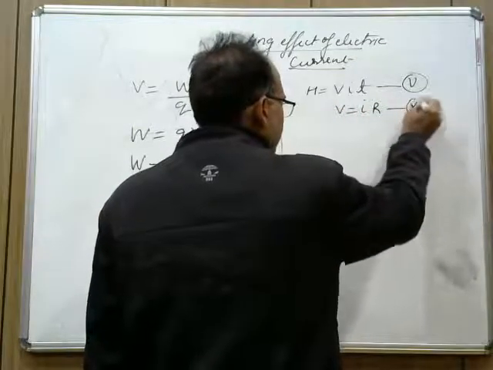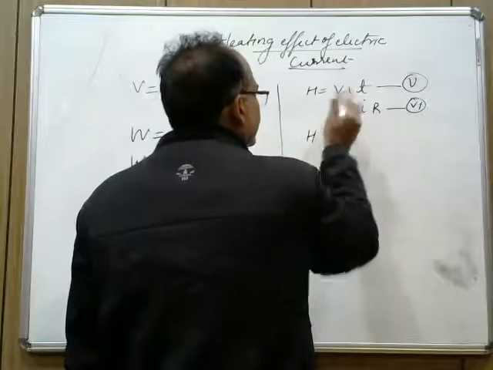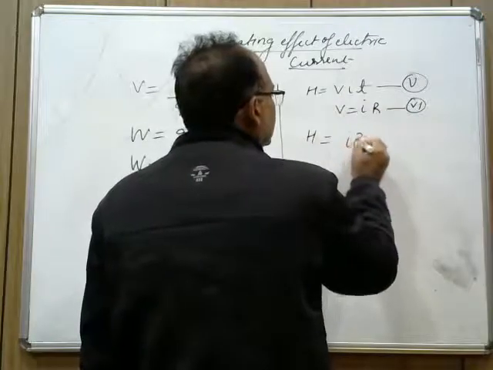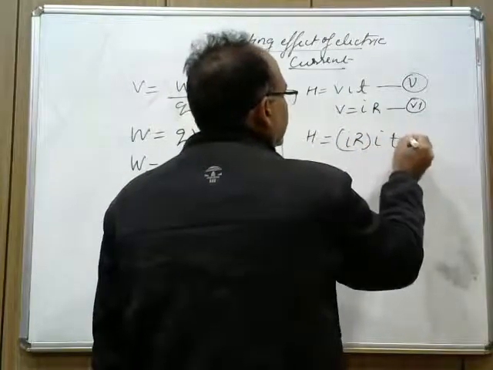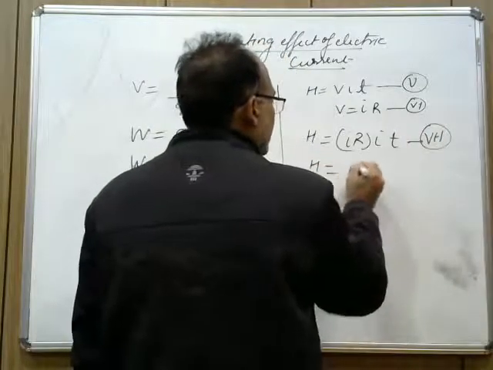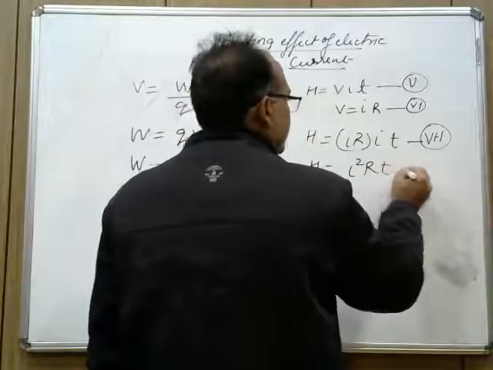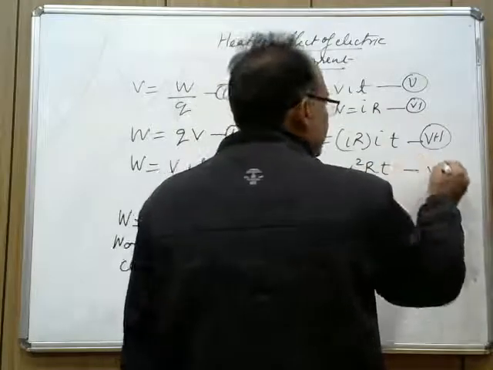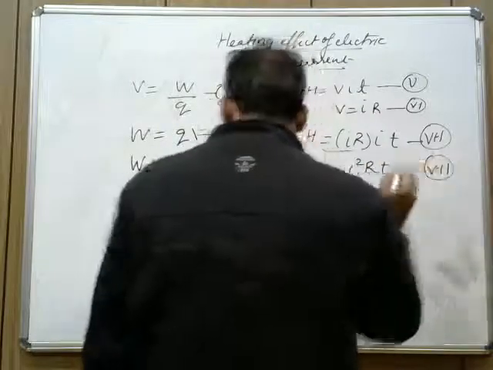This is 6. तो ये यूज करके क्या लिख सकते हैं? I into R into I into T, that is 7th, or H is equal to I square RT is one of the formula. This is 7th again, one of the formula.